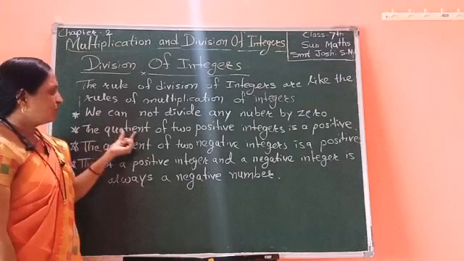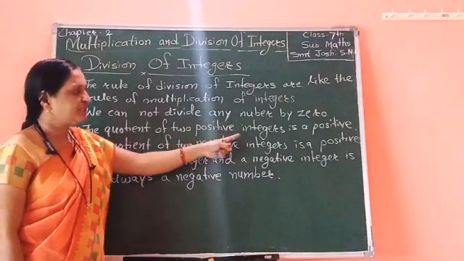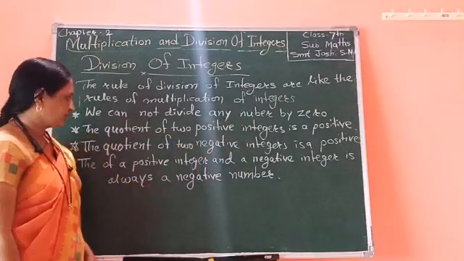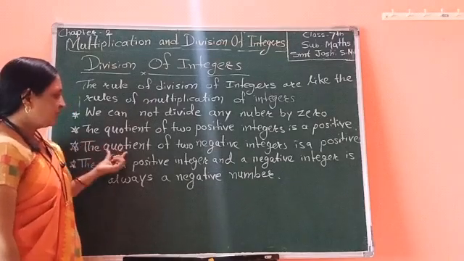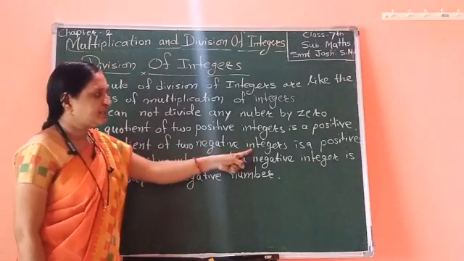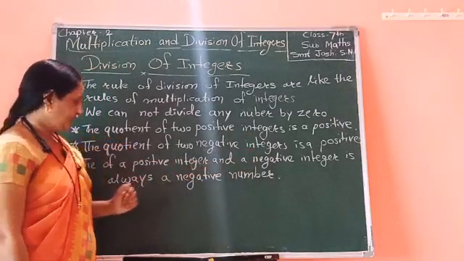First, the quotient of two positive integers is a positive integer. The quotient of two negative integers is a positive integer.